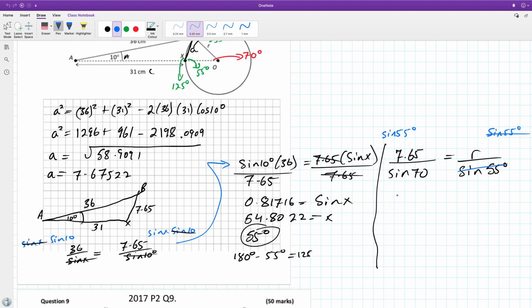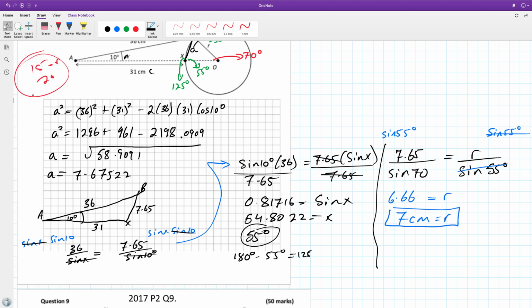Multiply across by sine 55 and we're getting 6.66 is equal to R, so 7 centimeters equals R. And I think it was a 15 marker question that year.